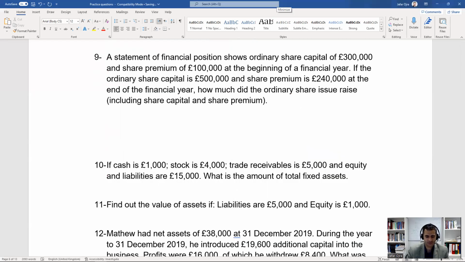Question number 9. A statement of financial position shows ordinary share capital of 300,000 pounds, and the share premium of 100,000 pounds, at the beginning of the financial year.